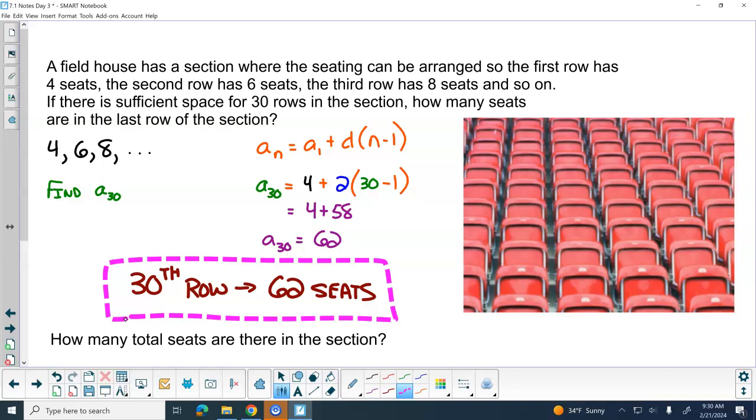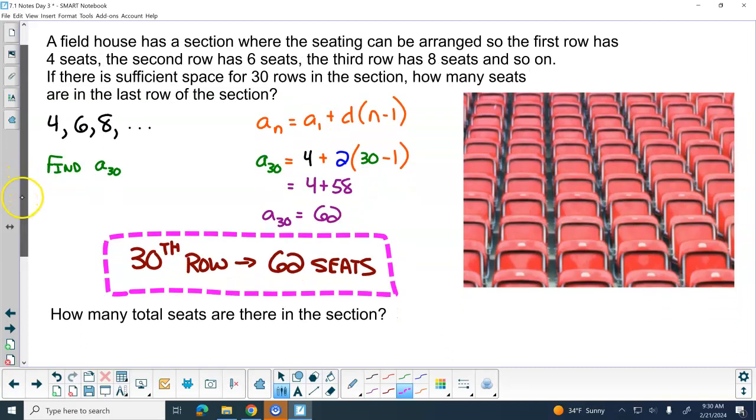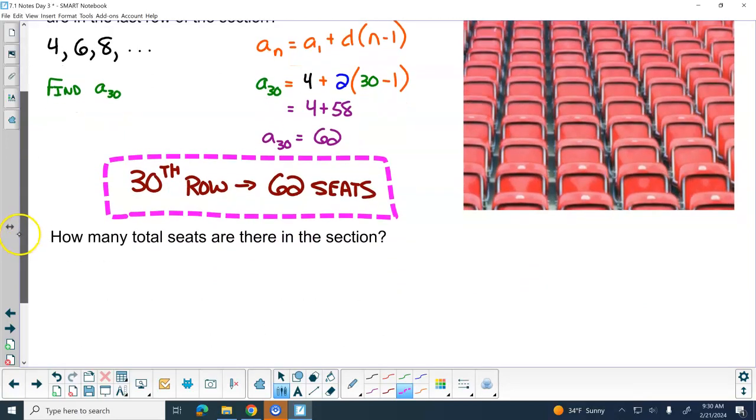Then this question went on to say, how many total seats are in this section? Once again, I asked the question, what is the formula for the total or the sum of a sequence? S sub n equals, yep.